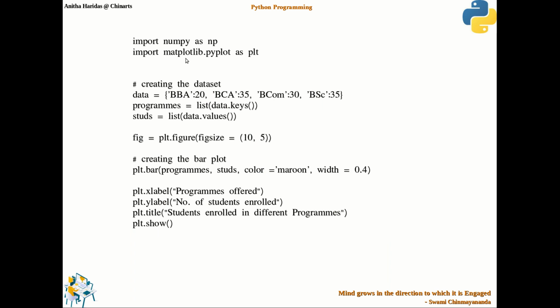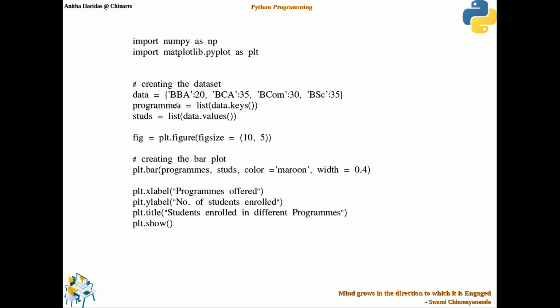Okay, how to draw a bar chart for the given data. As usual you will be importing NumPy, you will be importing PyPlot, and I have to create a data set, right? So already we have created a data set as a dictionary. You can observe here I am creating it as a dictionary with colons. If you have that, then it is called key value pairs.